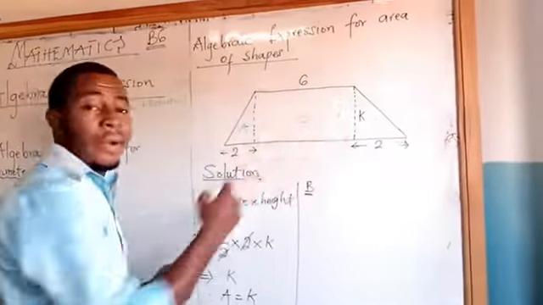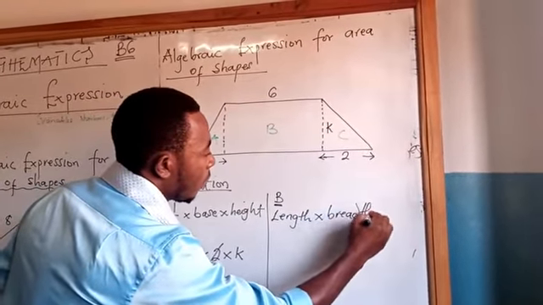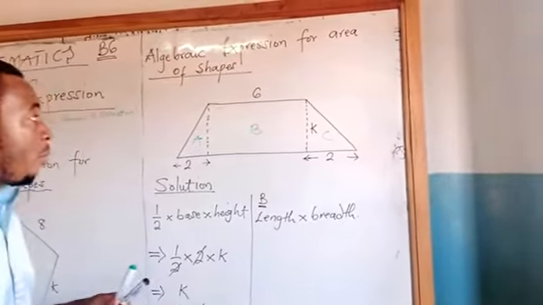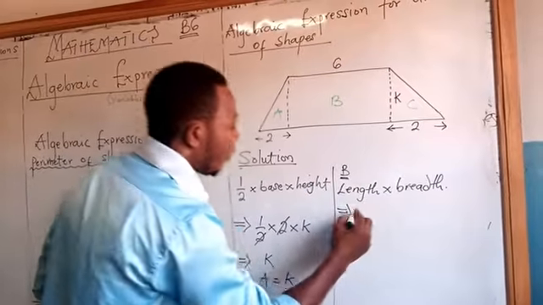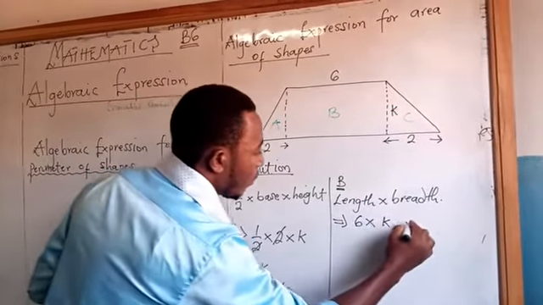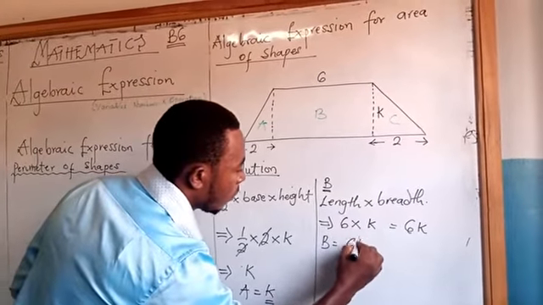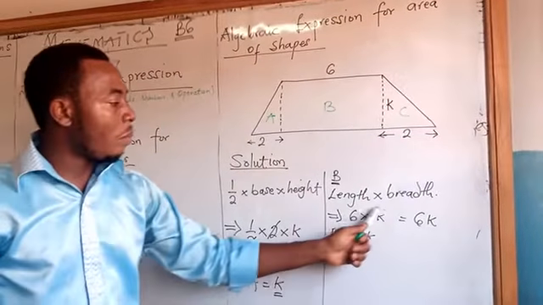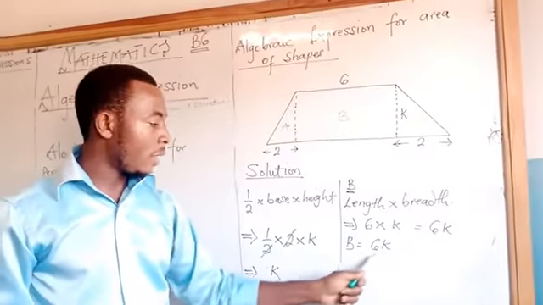B is a rectangle, so area is length times breadth, so I substitute. When I substitute, I multiply. So 6 multiplied by K is 6K. That is what I'm getting here.